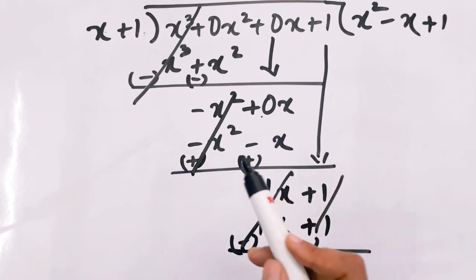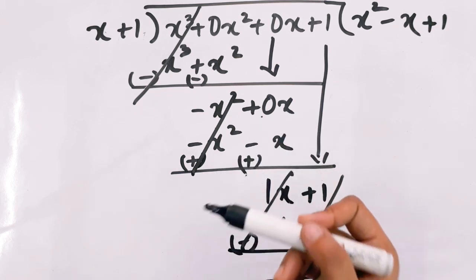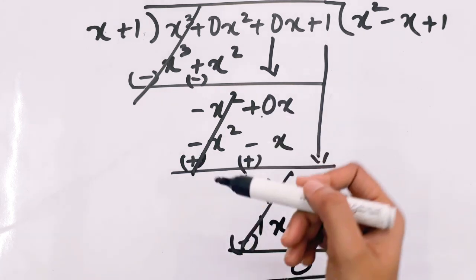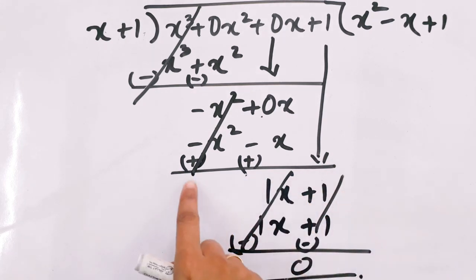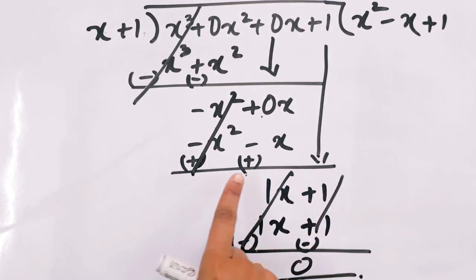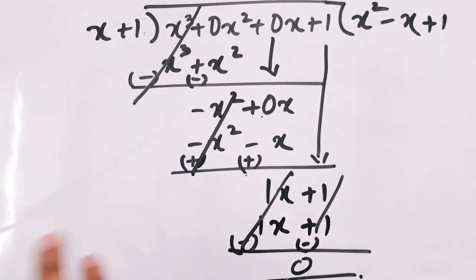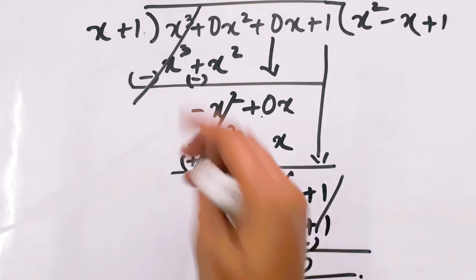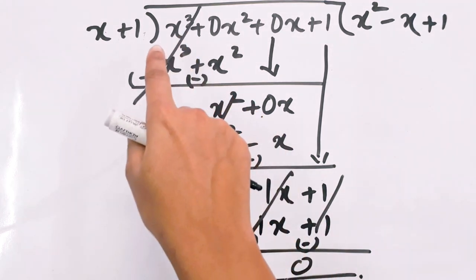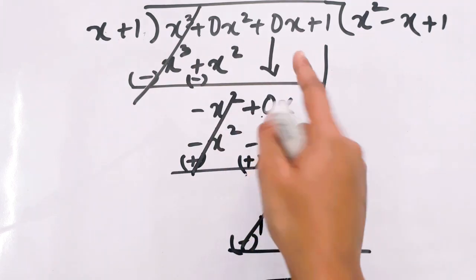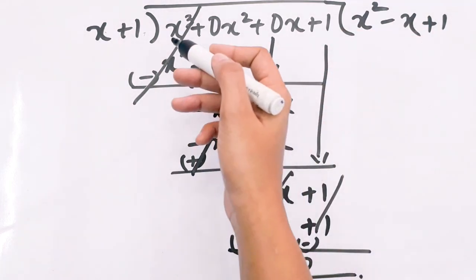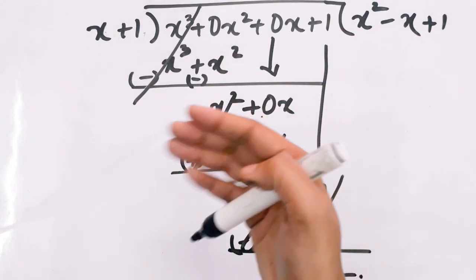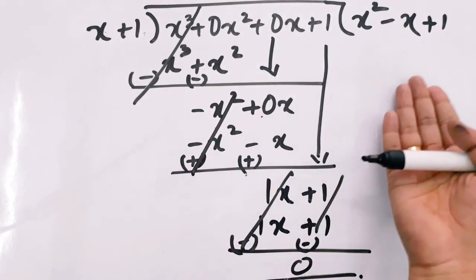No. And if the signs are not changed, I have usually observed that when the students do the subtraction part, they forget to change the signs. If you forget to change the sign, the entire division from that step will go wrong, and you are going to lose the marks. So better you just keep the conditions, like first thing is you have to make the degree in descending order. The second is you have to always eliminate the first term of each new dividend, and followed by you get the quotient. That's it.